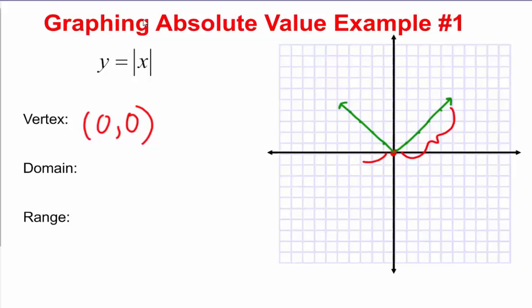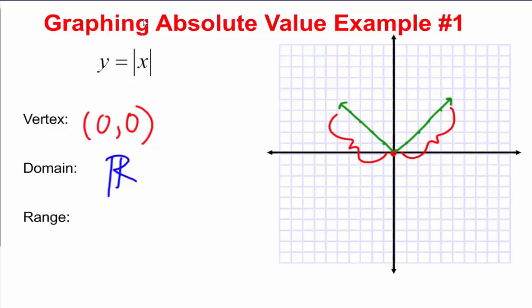If I look at this line, it's going to go on forever in the negative infinity direction. Therefore, I know my domain is going to be all real numbers. Anytime I have an absolute value function, it is going to have a domain of all real numbers.